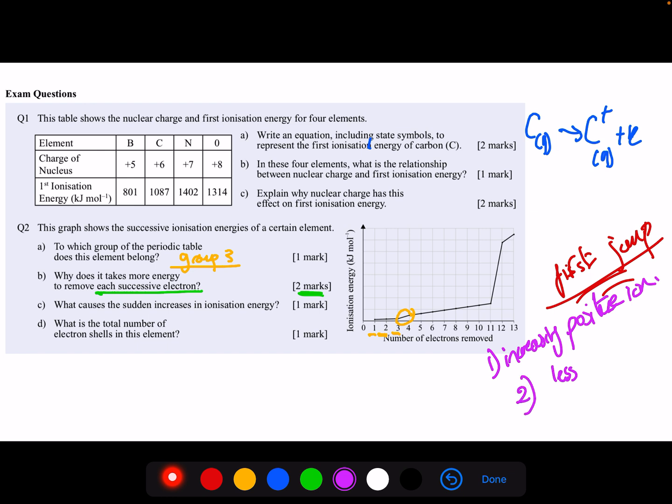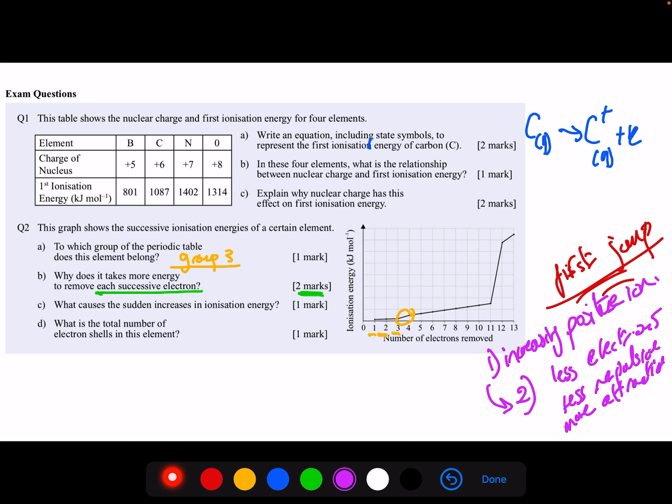That brings me to the second reason, which is that we have fewer electrons, right? That means there is less repulsion among these electrons, and at the same time there is more attraction between these few electrons and the protons in the nucleus. I hope this is clear.